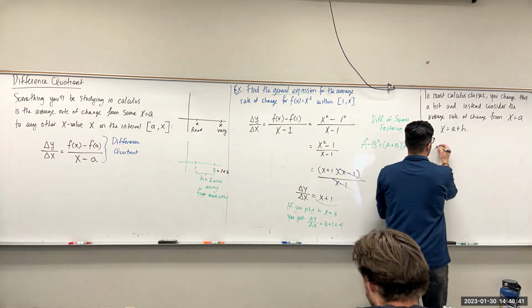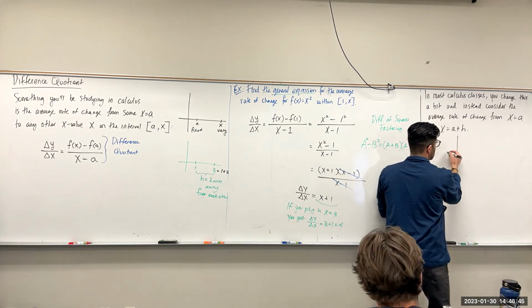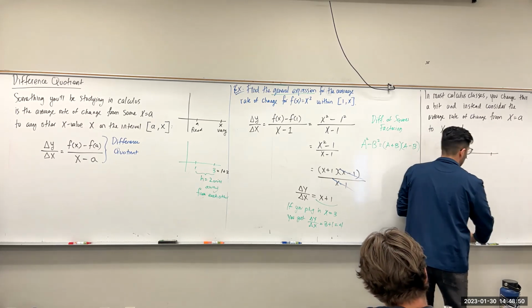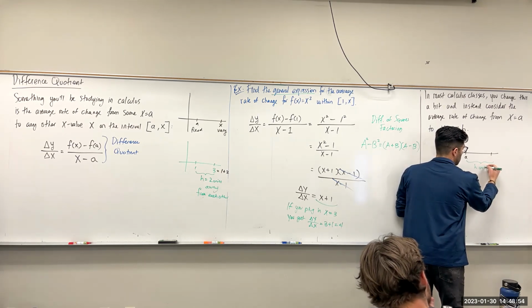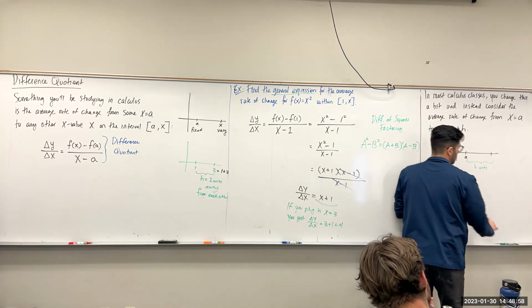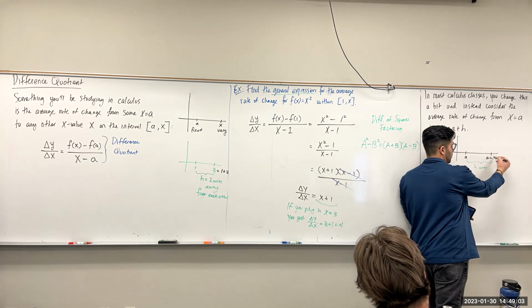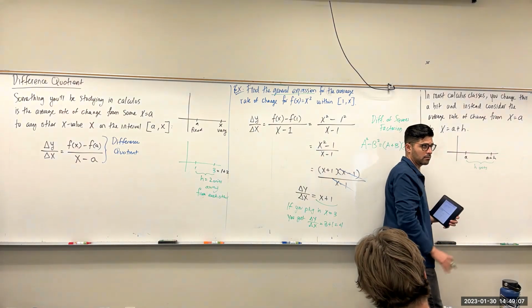And so in this case, here's a. The other x value is h units away. So what is that going to be? If this is a, this is going to be a plus h. That's what we're going to call the second x value now.